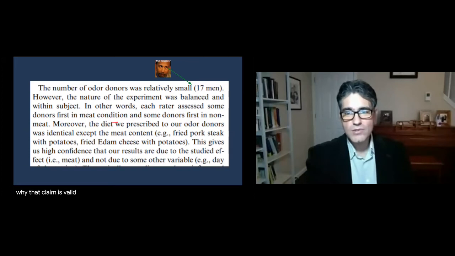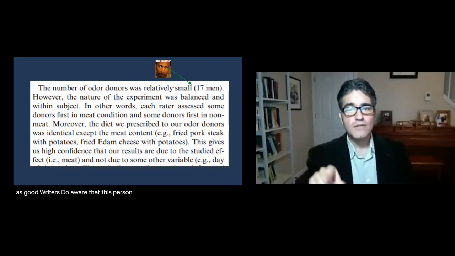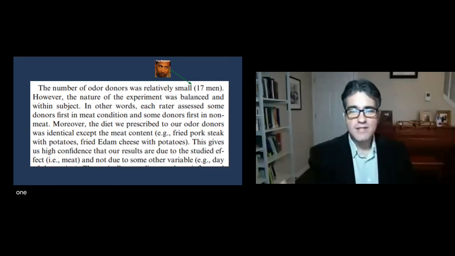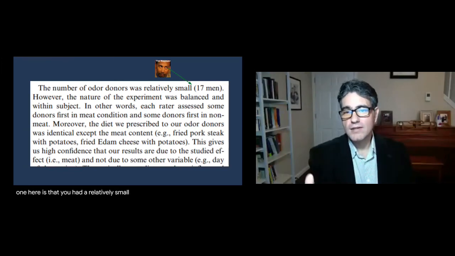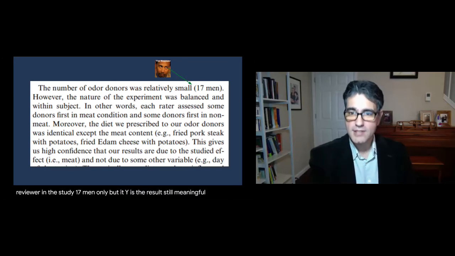So this is also acknowledging the naysayer here, knowing, as good writers do, that this person is looking for limitations. One obvious one here is that you had a relatively small sample, and this could be mentioned by the reviewer, 17 men only. But why is the result still meaningful? And then they explain it.